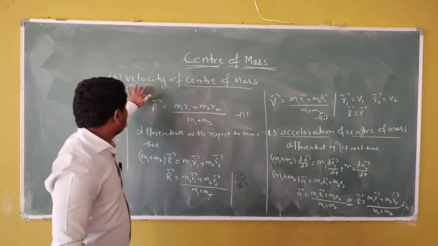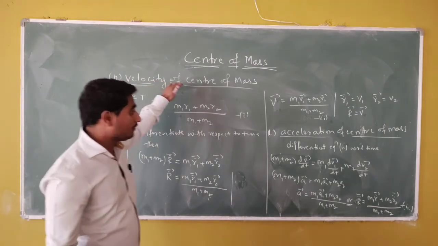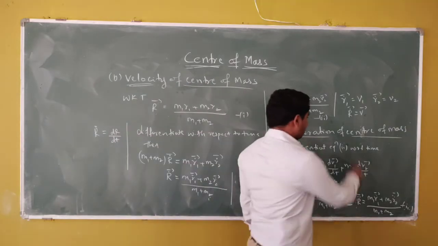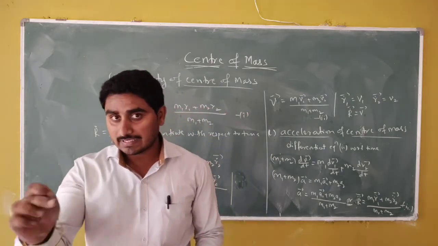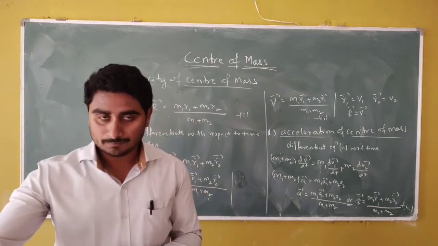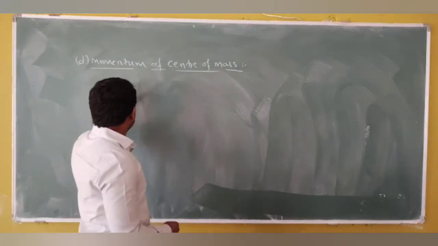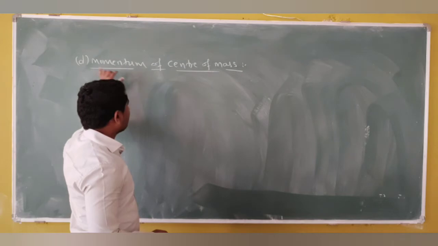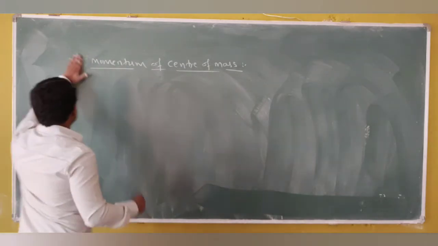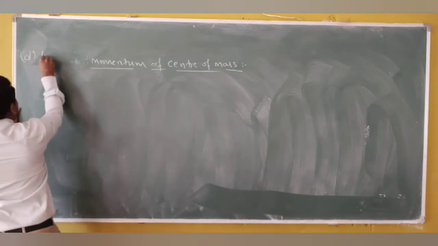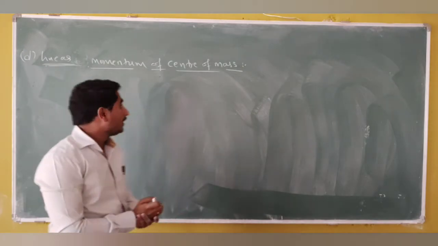Okay, this is all about the position vector of the center of mass, the velocity of the center of mass, and the acceleration of the center of mass. Next we will discuss the linear momentum of the center of mass.